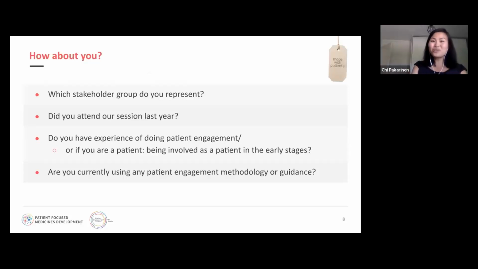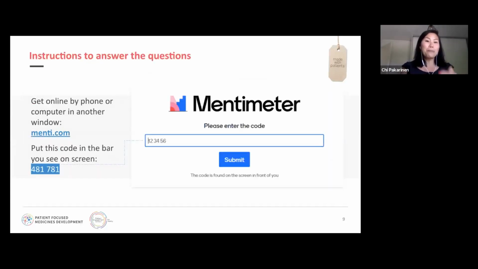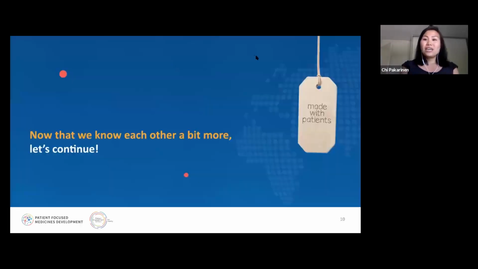So we're going to ask you a couple of questions and kick this off with an interactive part. Can you take your phone out or open another window in your computer, go to menti.com, put in 481781, and you should be seeing the questions live.